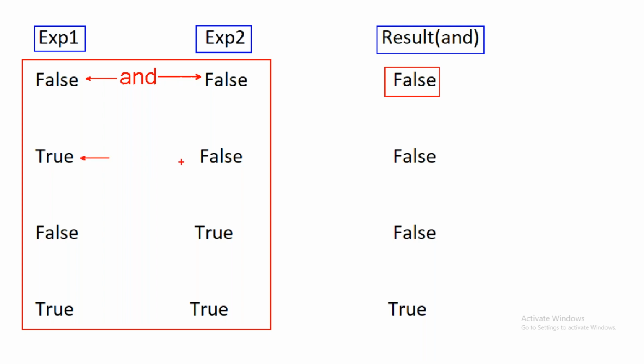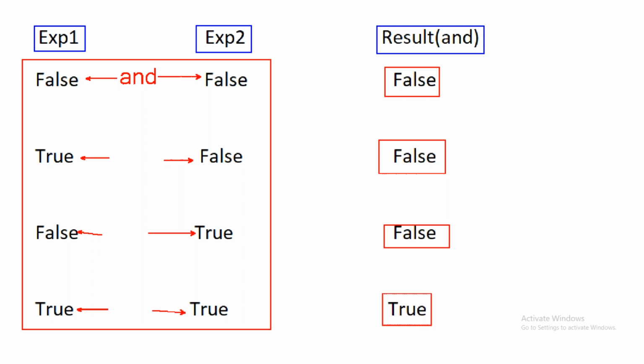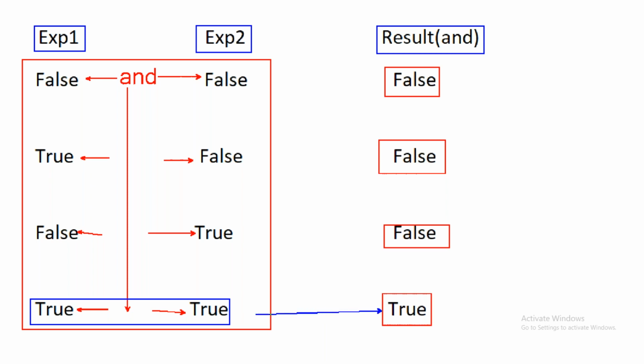My first input is true, second input is false, then still my result is false. First input is false, second input is true, still my result is false. Only when both the first and second inputs are true is the output true. Whenever you place an AND operator between two expressions, both expressions need to return true so that the result becomes true. In all the other cases, it will be false.